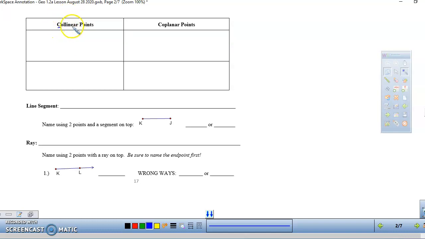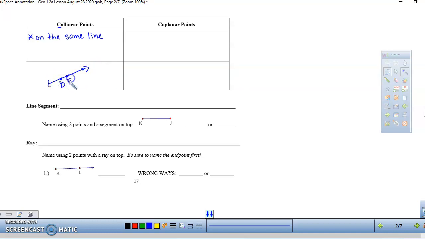But collinear, you can use the same logic, is on the same linear, so on the same line. Okay, so if I have a picture down here, and then I have some points, you can have a whole bunch of points that are on the same line, and those would be considered collinear.